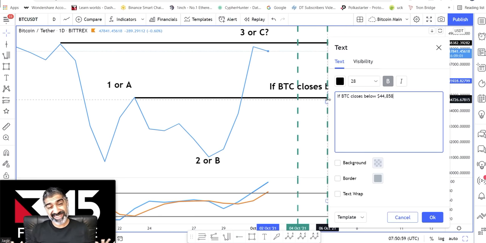Well, dollars is considered the global currency and it's most common that Bitcoin and crypto is covered in dollars. If Bitcoin closes below 44858, then, and you'll hear me say likely a lot, it's likely to be a wave C.